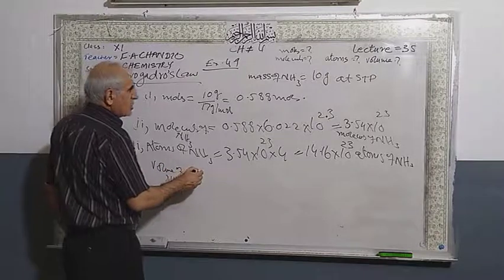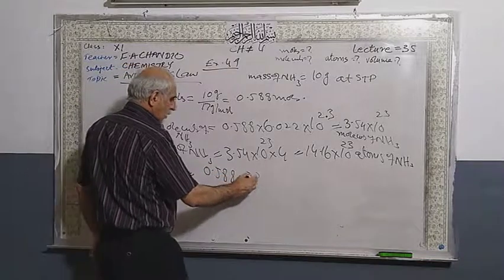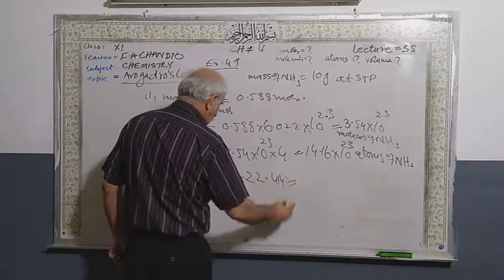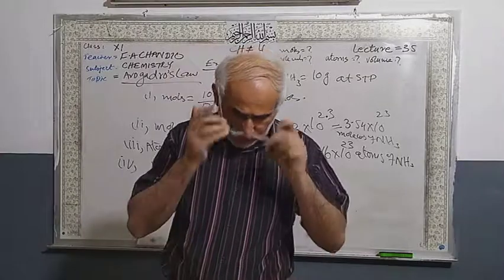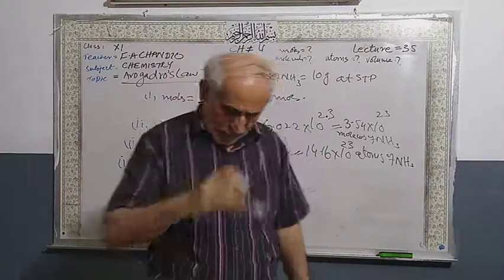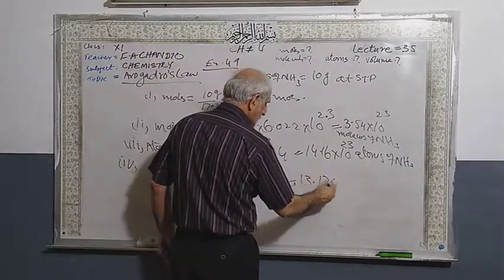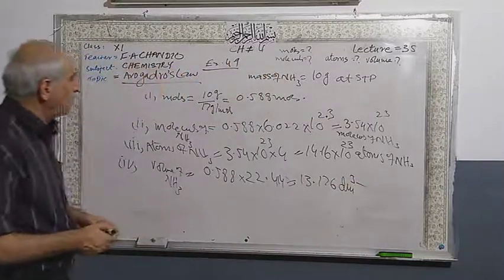So moles 0.588 multiplied by 22.414, you will get the volume of the gas, that is equal to about 13.176 decimeter cube.